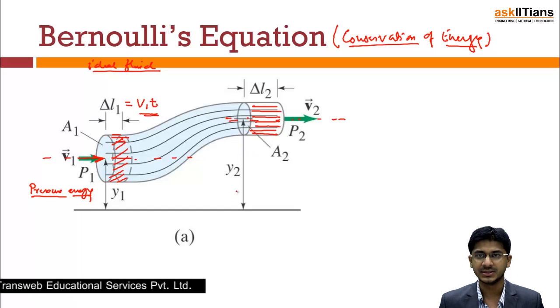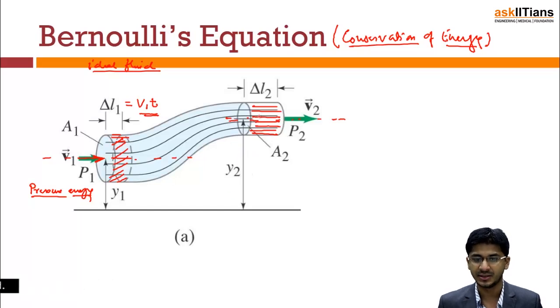So when we apply the conservation of energy, we can see that the potential energy of this element has increased. Apart from that, the kinetic energy has changed: since the area of cross section changed, as we have seen in the equation of continuity, the velocity has changed.